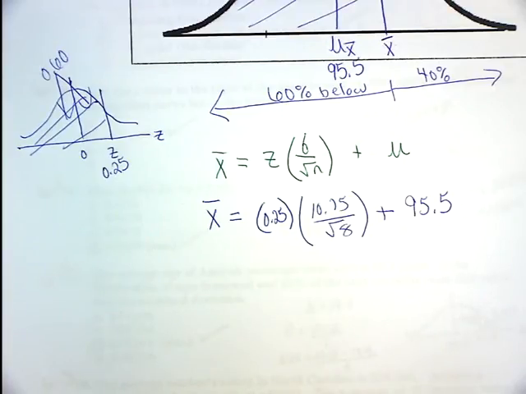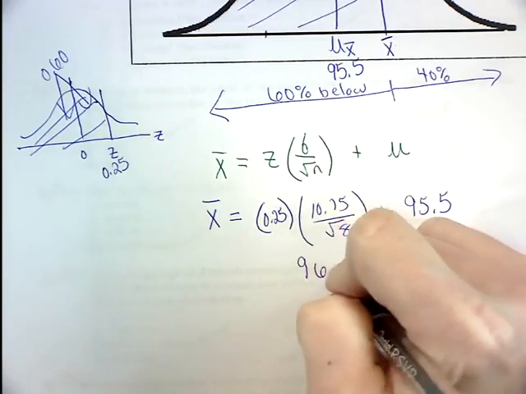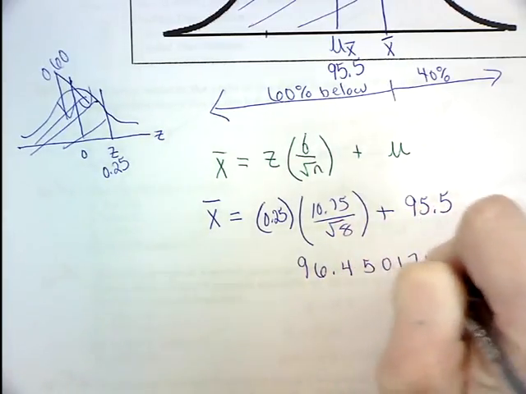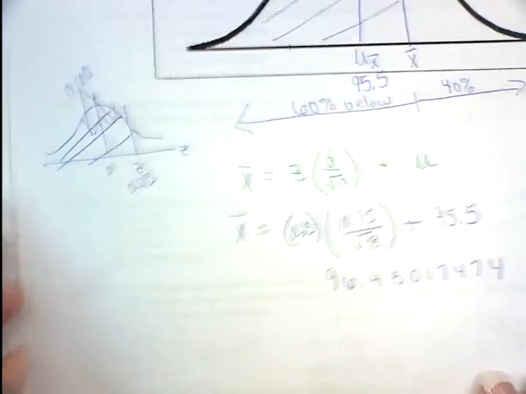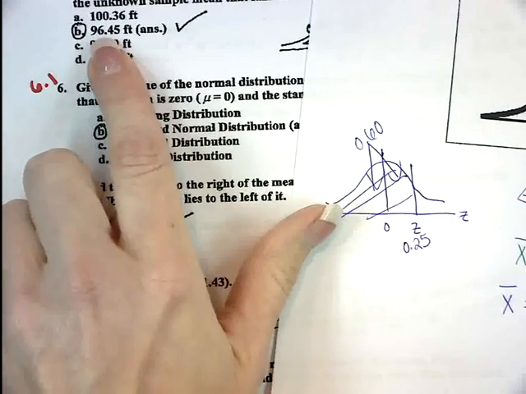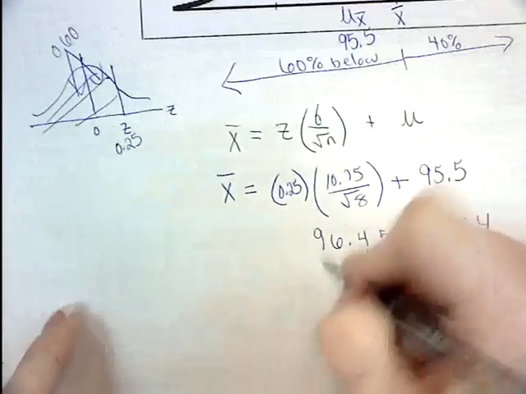And then when you plug into the formula, you have a cutoff of 96.45017474. And let's look at our options here. 96.45 is letter B. So they rounded to 2 places.